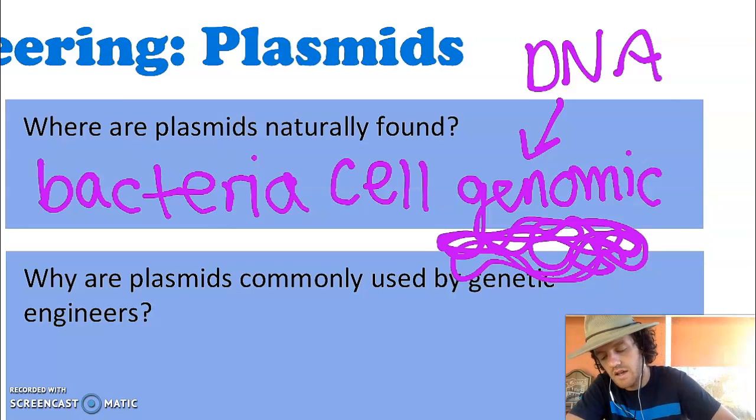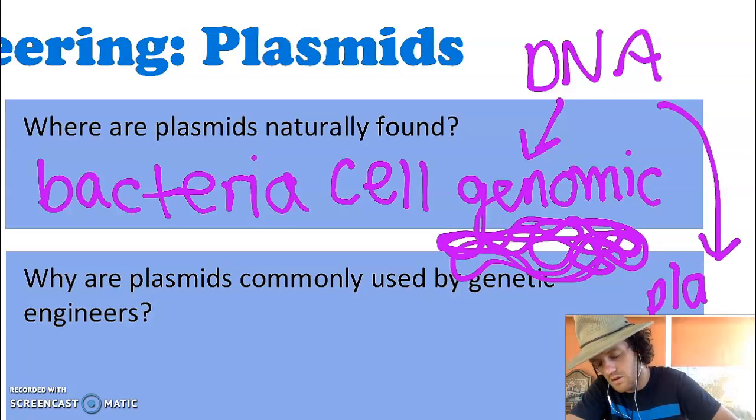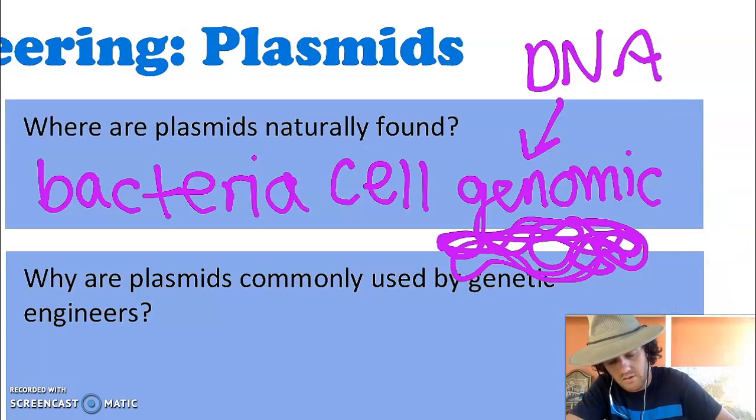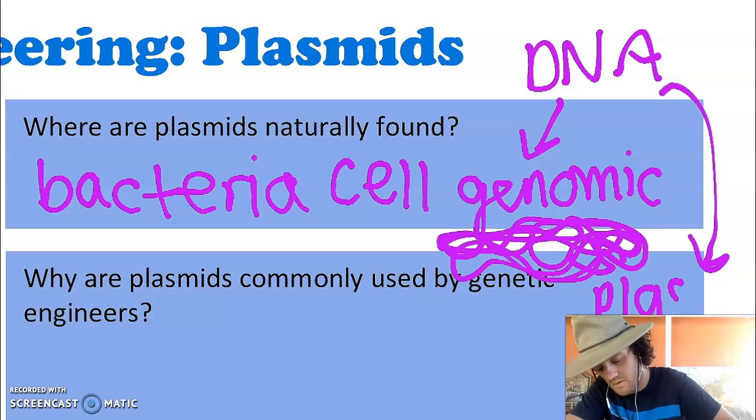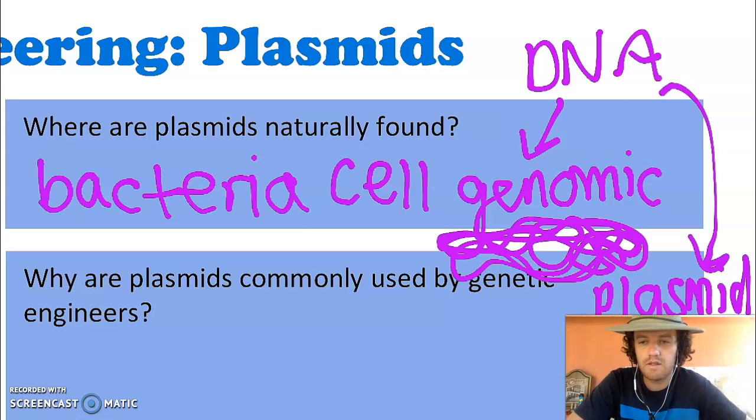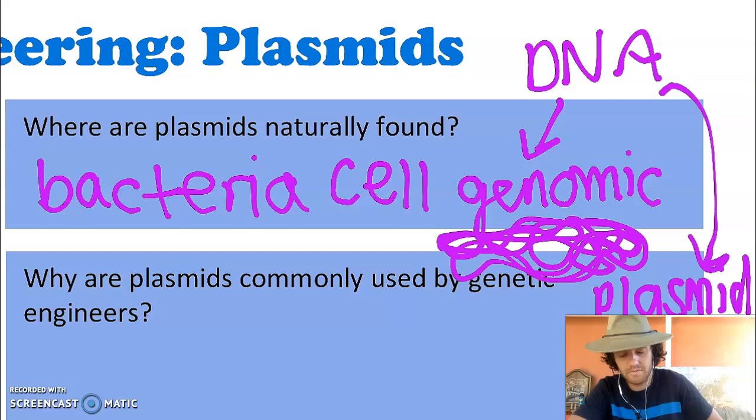But bacteria cells have another form of DNA called a plasmid. You should remember from Comp 2 that a plasmid is a small circular piece of DNA.